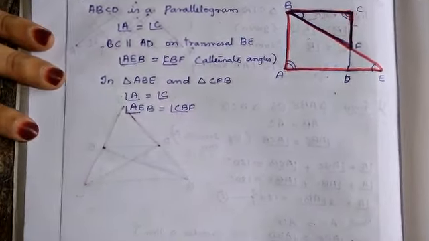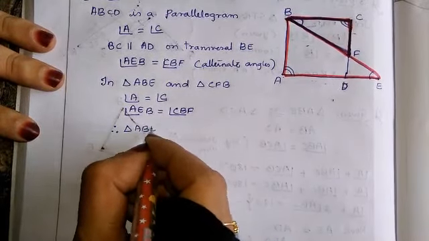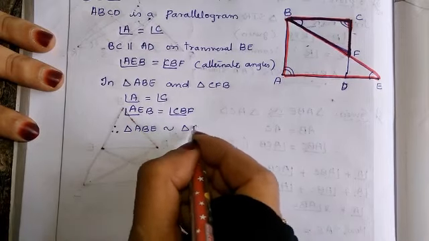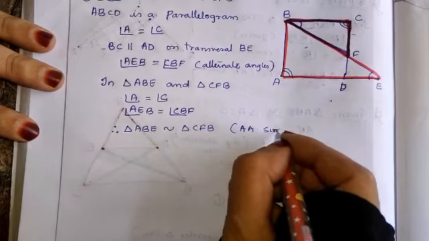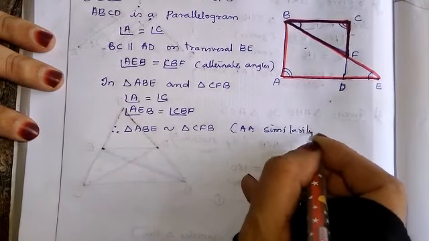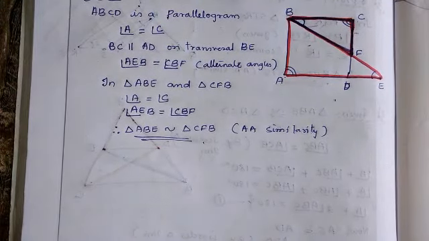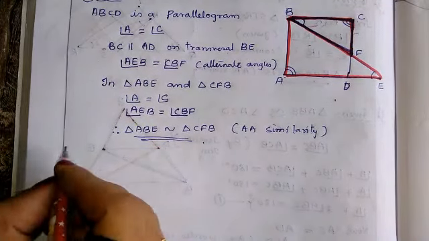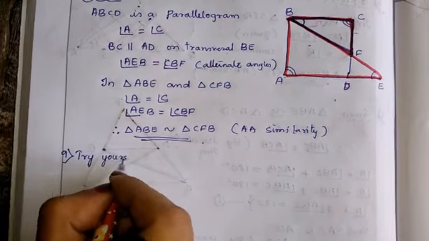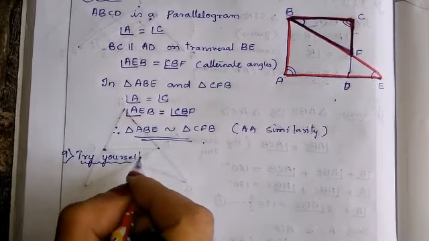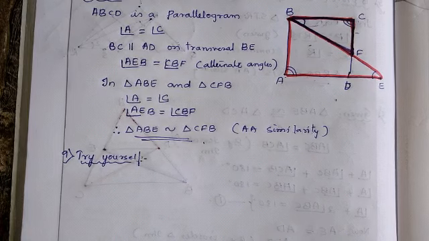Therefore, directly we can write, triangle ABE is similar to triangle CFB by AA similarity. If two angles are equal, then the triangles are similar. This proves the 8th one. Now the 9th one, same way you have to try yourself. Any two angles you have to make equal, then automatically it will be similar. Okay. Now I am going to do the 10th problem.